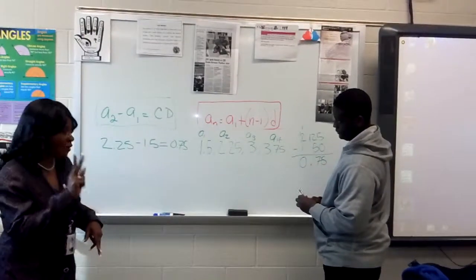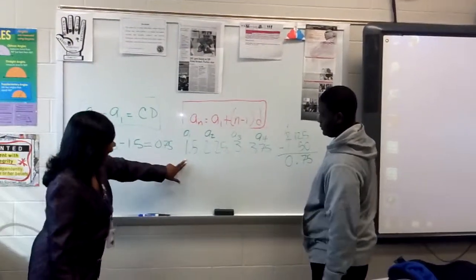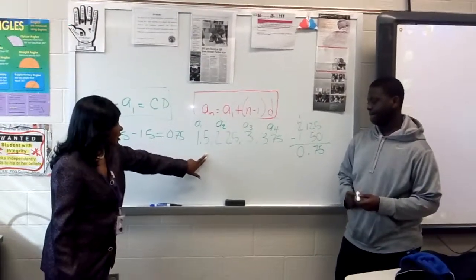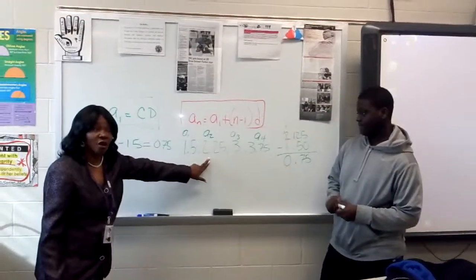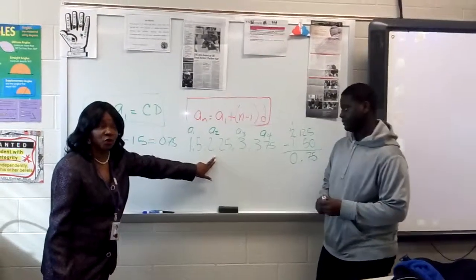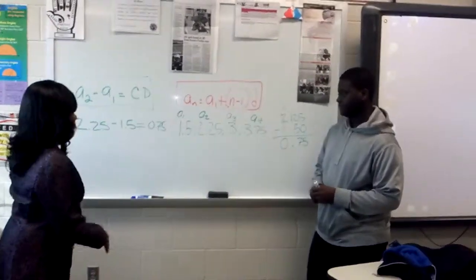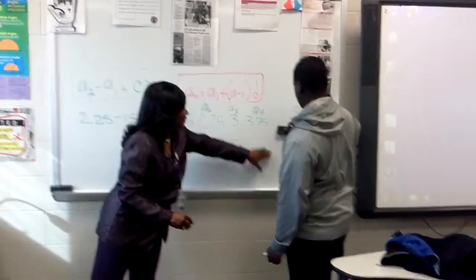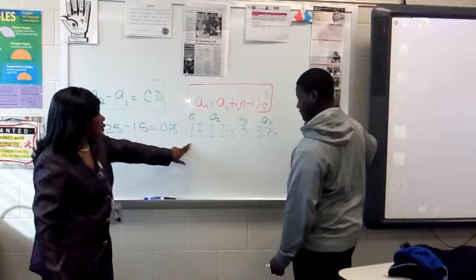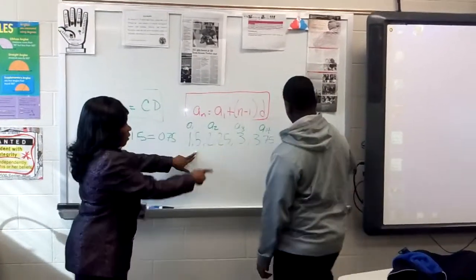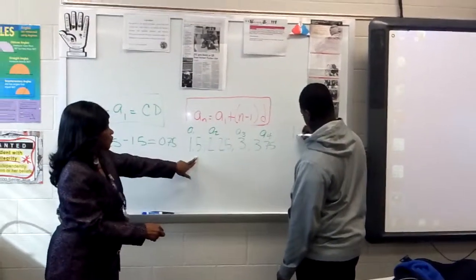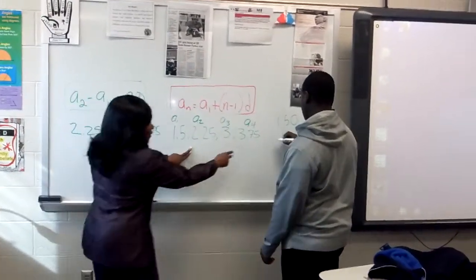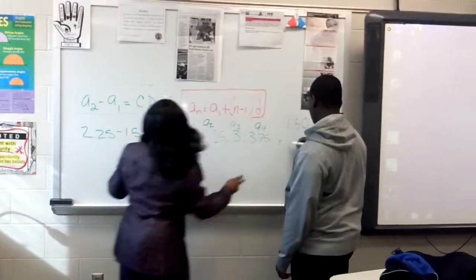Let's just test the waters. If I add 75 hundredths to 1 and 5 tenths, I should get 2.25, which is 2 and 25 hundredths. Let's just test it. Put 1.50 over there, plus 0.75.